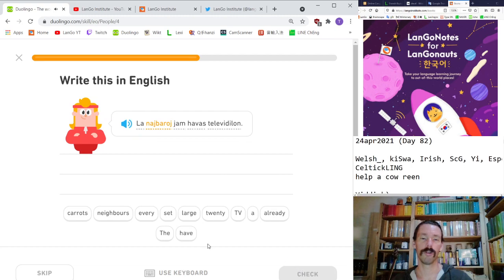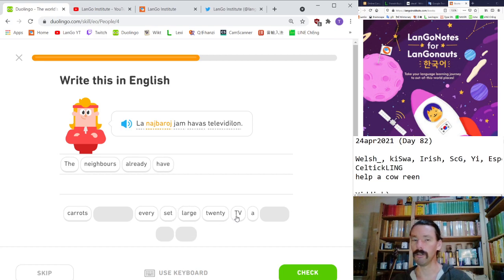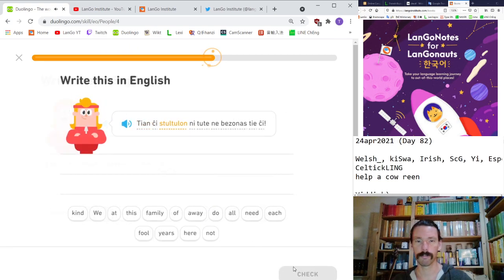La najbaroj, the neighbors, jam, already, havas televidilon, a TV. Tian ĉi stultulon ni tute ne bezonas tie ĉi. Tute, at all, ne bezonas tie ĉi. Don't need this at all.